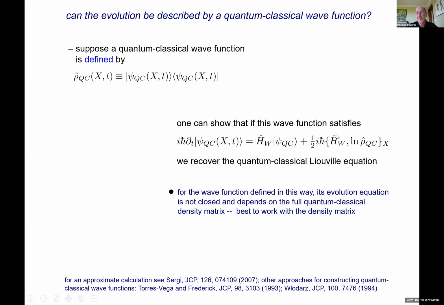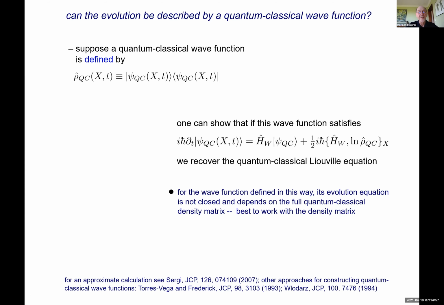But this equation is quite nasty because it involves the logarithm of the original density. So you actually haven't gained anything by this approach because the equation for the wave function is not closed and requires the density. So you might as well just work with the density.